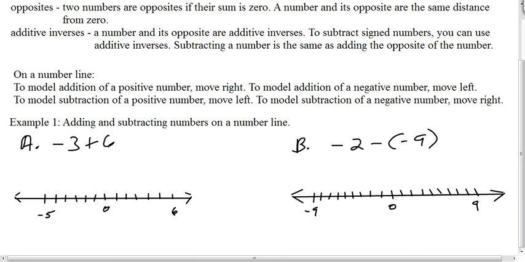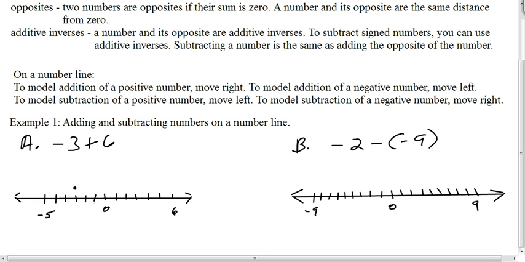Now let's take quickly a look at two examples where we are adding and subtracting, but we're going to take our time to make sure we're covering this. This one tells us to add -3 plus 6. The way you do this, you start at 0, and you go 3 units left. 1, 2, 3. Here's where you're going to be.